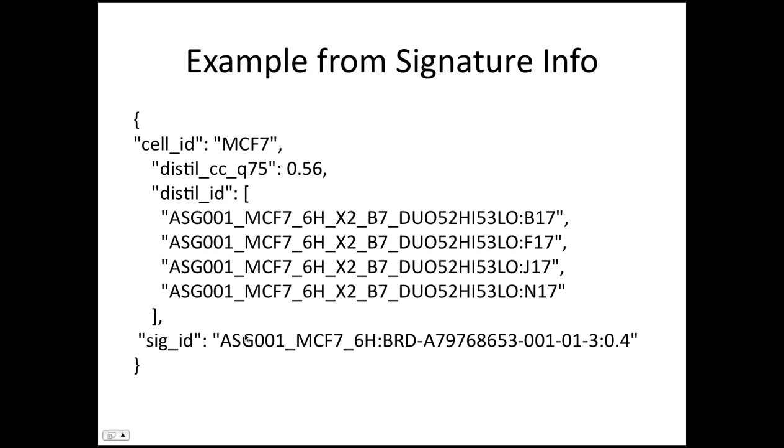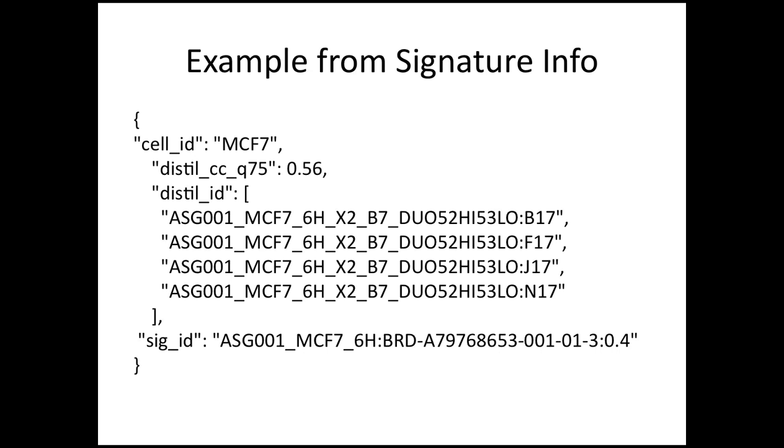Let me tell you. They run the same experiment multiple times to verify if the data they're producing is right or not, and based on that they classify it as a gold signature and so on.